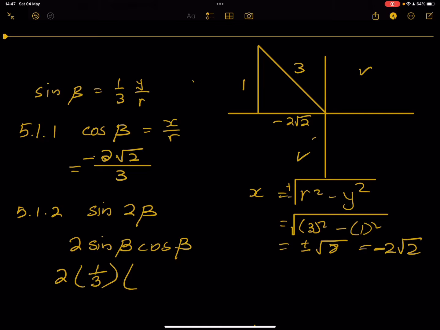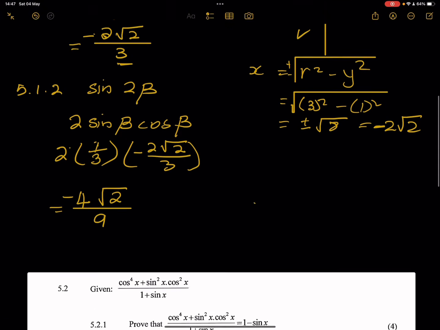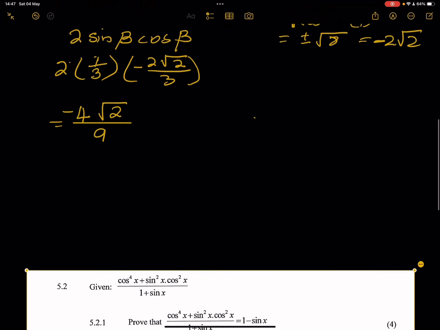And cos beta, we just found it, we said that was negative 2 square root 2 divided by 3. And so if you multiply that out, that's 2 times 1 times 2, which will give us negative 4 root 2 divided by 9. And that's how the cookie crumbles, ladies and gents, right? And the last one.